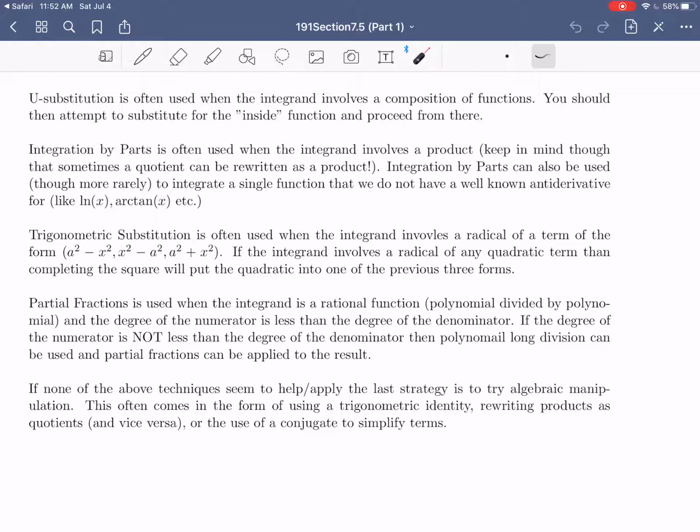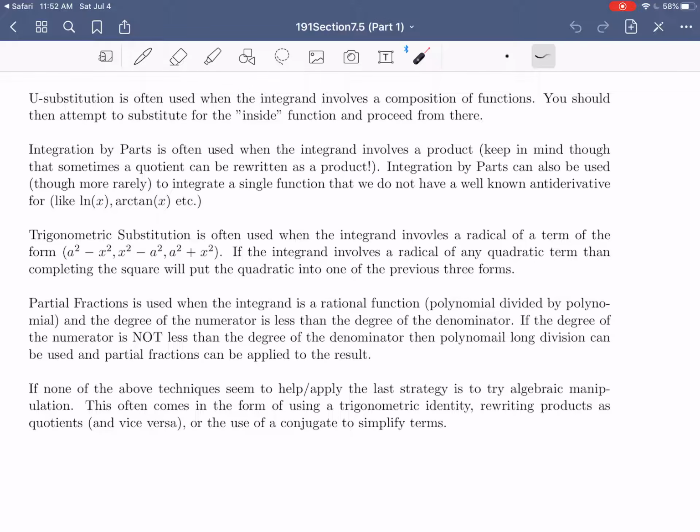Okay, so this is a brief discussion of the different strategies. I'm going to do a couple of examples now, and we're going to talk about the strategy before we jump in. Each example has two components. One is the logic that lets us arrive at the choice of the correct technique or combination of techniques. And then, of course, we'll actually solve each of these. To be honest, the only way to be truly comfortable with strategizing for integration techniques is to try as many examples as you can.